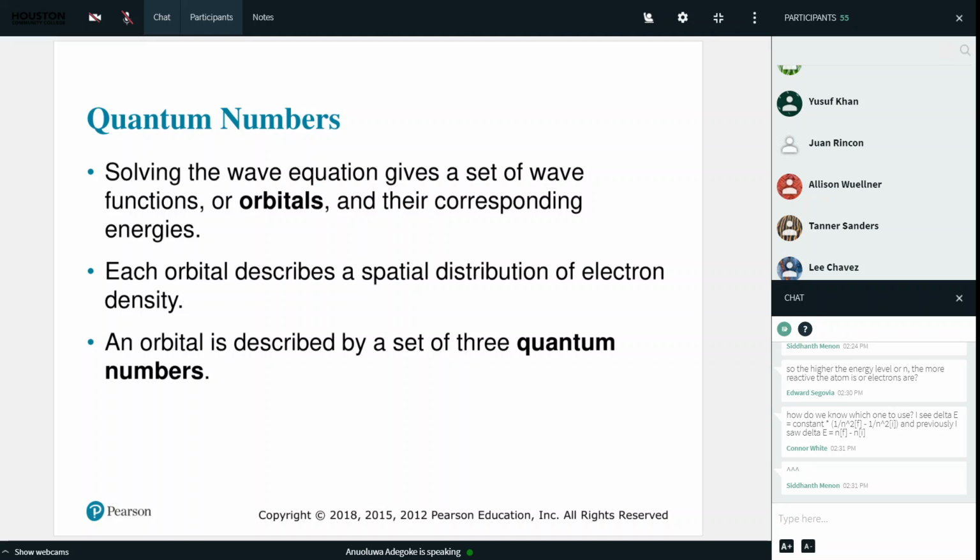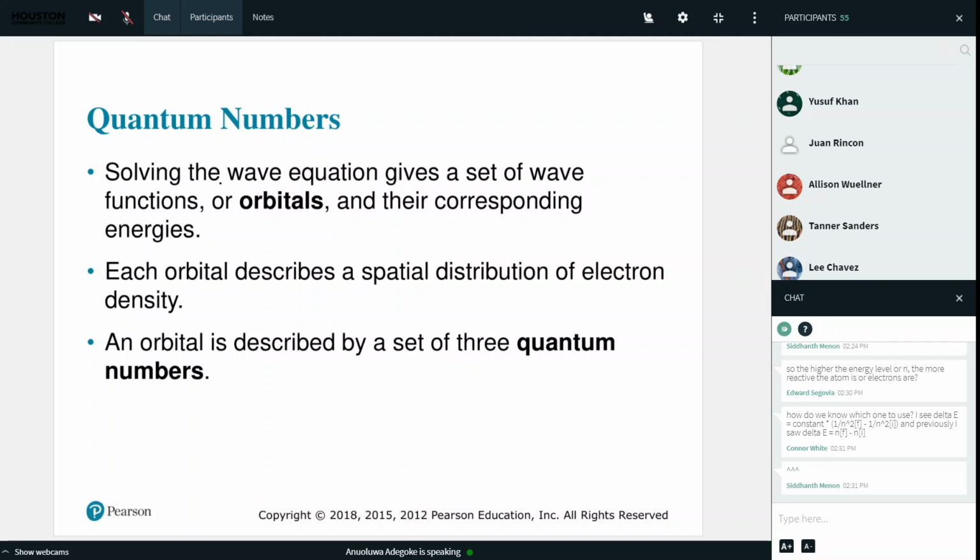But we're going to use the quantum numbers to understand in theory, not by mathematics, not by calculus solving the wave function. We're basically going to use the theoretical concept of quantum numbers to understand where we can find electrons in the energy level. Now, I have been talking about the wave function and wave equation.